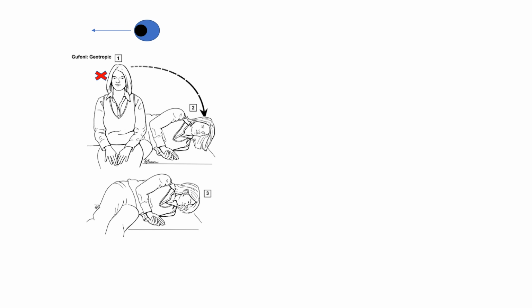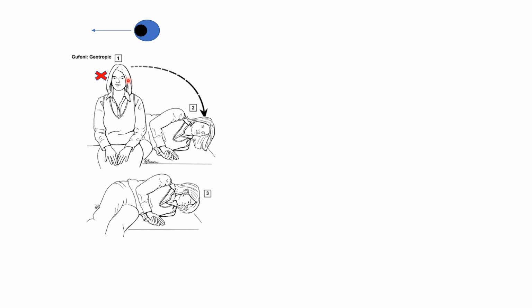Okay, then you have your Gufoni maneuver. In this patient, who has been lying down on their back, when you move the patient's head to the right, you saw a geotropic nystagmus to the right. That means that when you then put them upright, you saw a geotropic nystagmus, and the strongest was to the right.